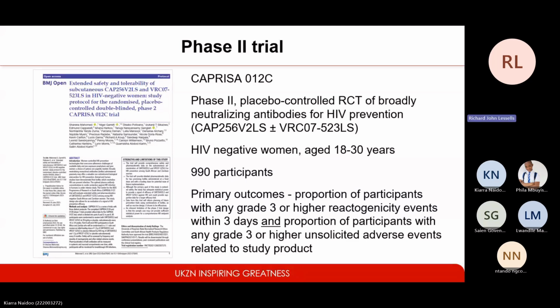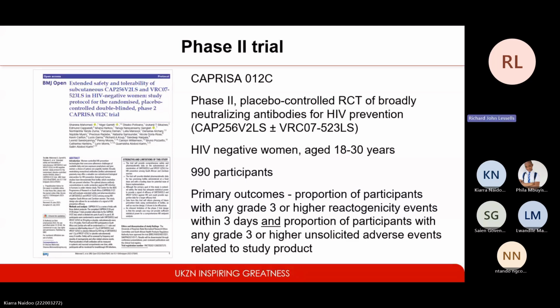So just at a rough guess, how many participants do you think you might need to show efficacy of these antibodies? 1,000? Yeah, probably more than that. So probably looking at tens of thousands is the reality.